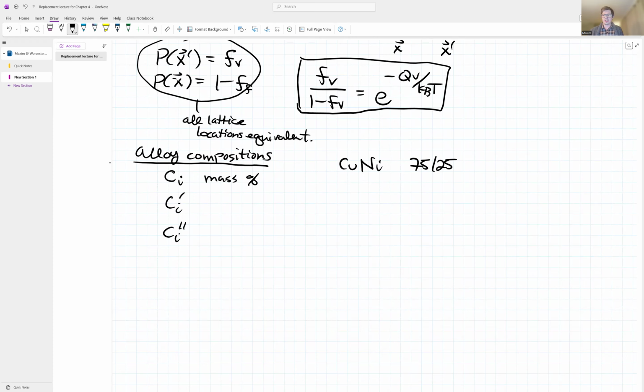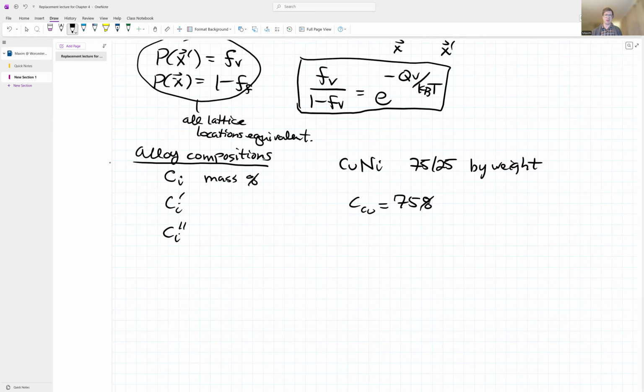So 75% copper, 25% nickel, by weight. So you say that the composition of copper is 75%, by weight.